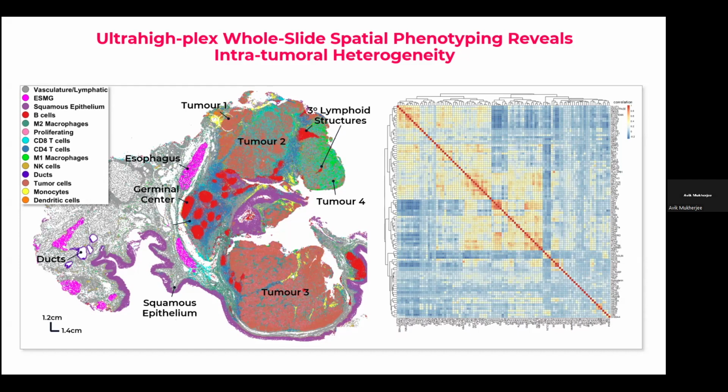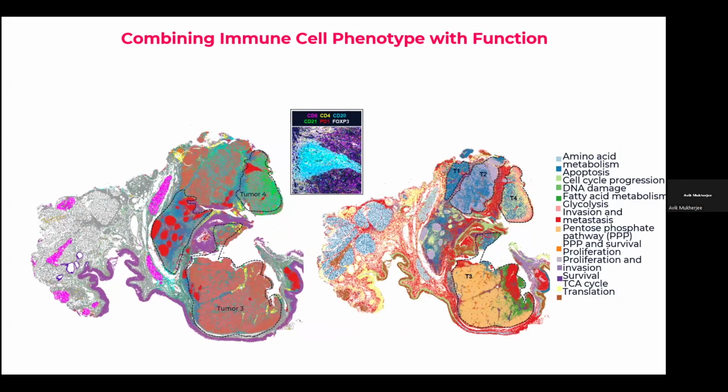Next, after this correlation matrix that they got from different markers, they wanted to compare the functional state with the protein markers, the immune markers, and the metabolic markers. And as you can see, they looked at the tertiary lymphoid structures up there, and they understood that the difference in the metabolic state of the tumor helped them understand the intratumoral heterogeneity.